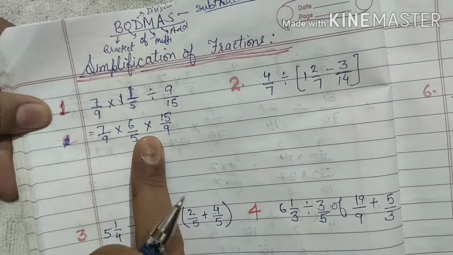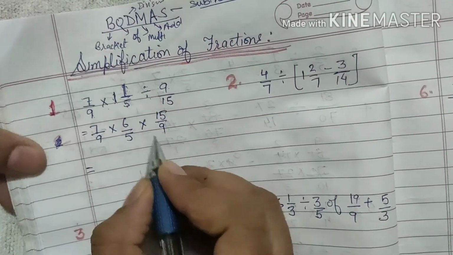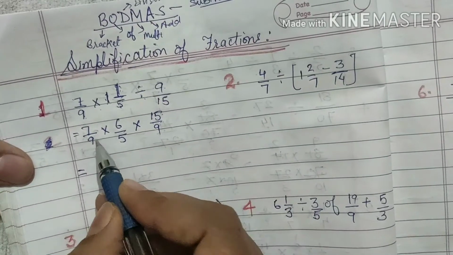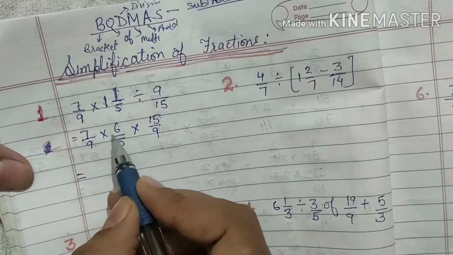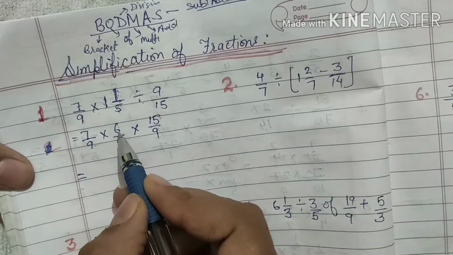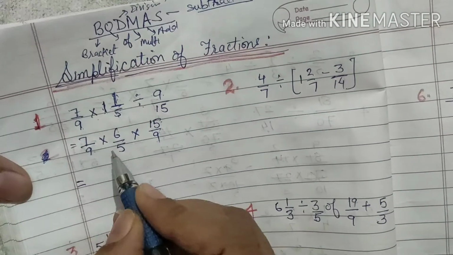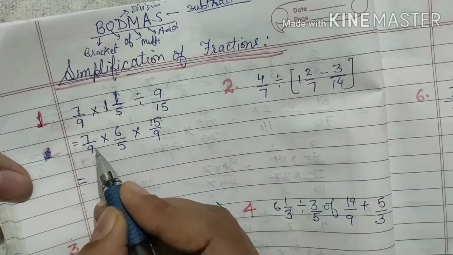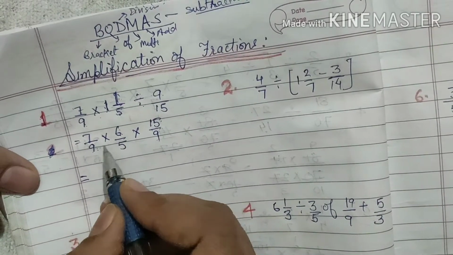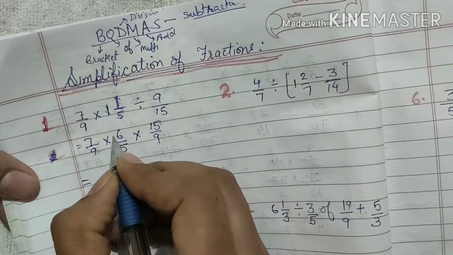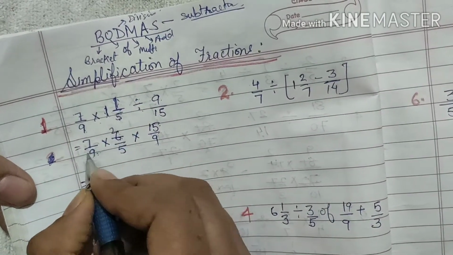Sign change is required. Then you have to check here the common GCD of numerator and denominator, if there are numbers to be cancelled. This is 6 and 9. GCD of 6 and 9 is 3. Both of them occur in the table of 3, so we will cut this with 3. 3 2s are 6, 3 3s are 9.